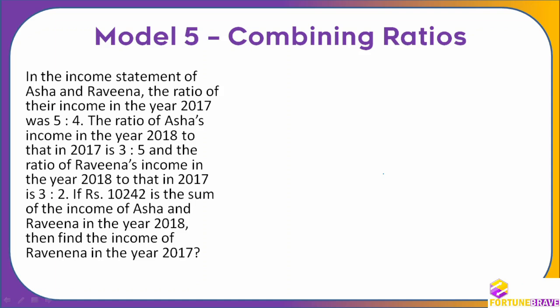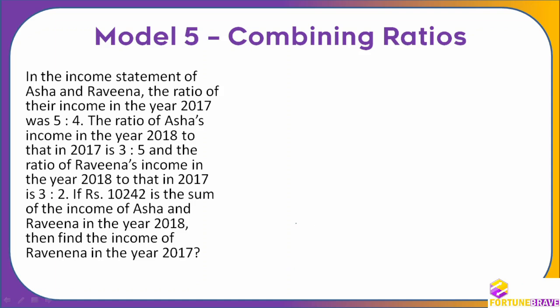The ratio of Asha's income in the year 2018 to that in 2017 is 3 is to 5. And the ratio of Ravina's income in the year 2018 to that in 2017 is 3 is to 2. If rupees 10,242 is the sum of the income of Asha and Ravina in the year 2018, then find the income of Ravina.